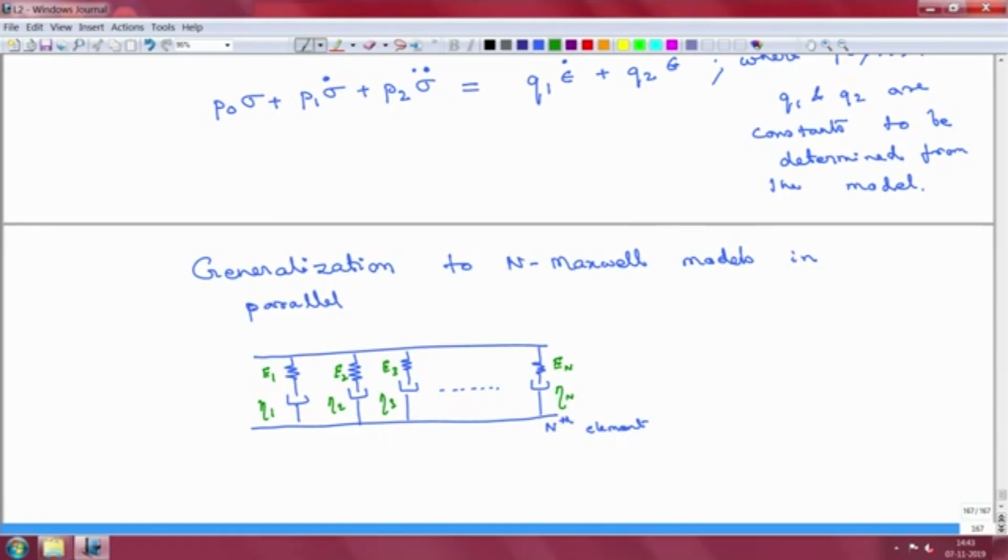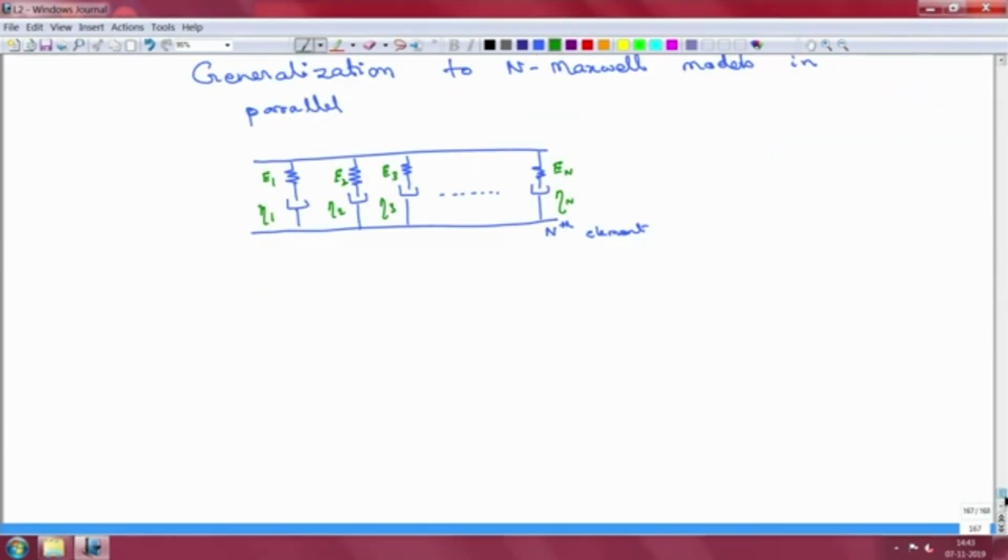Okay. So, before we proceed with this, is this still a fluid or has the behavior changed?